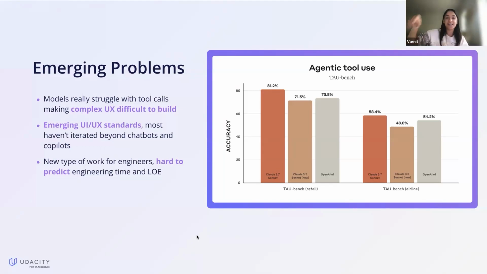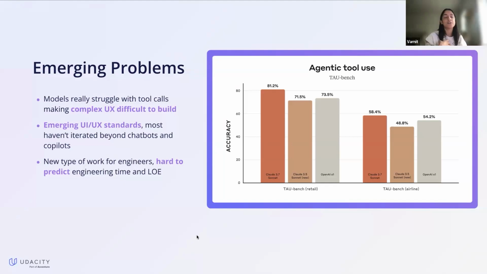The same way if we were to take a time machine and look at early 2000s websites, they were not optimized for great user experiences because nobody had set the standard at the time. And so we're kind of in the same world with AI products, as nobody's really built these standards of how do you even build an experience around making good tool calls?